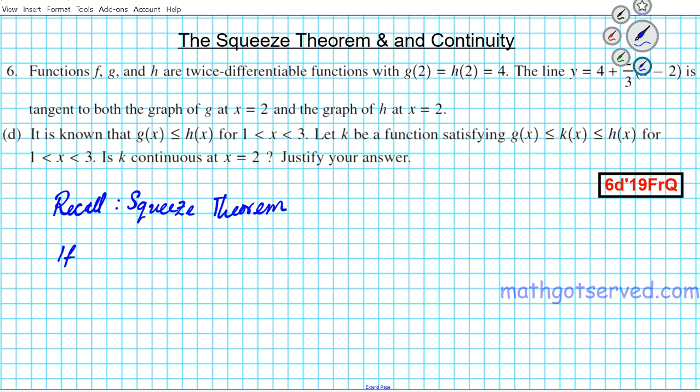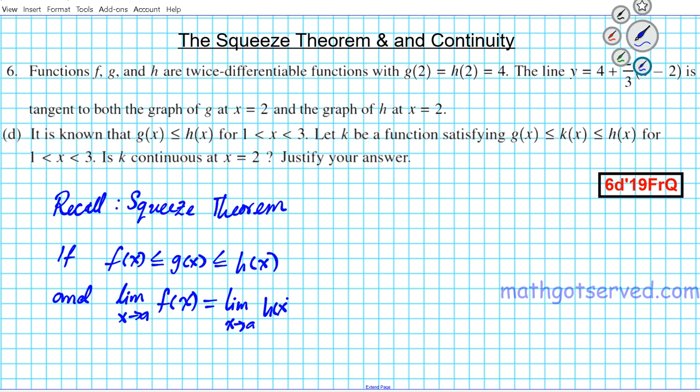Okay, so if f of x is less than or equal to g of x is less than or equal to h of x, so we have a situation where function g is bounded between f and h, and we know that the limit as x approaches a of the upper bound and lower bound functions is equal to L. So the limit as x approaches a of f of x is equal to the limit as x approaches a of h of x. Let's say they're both equal to L. Then what is the conclusion?